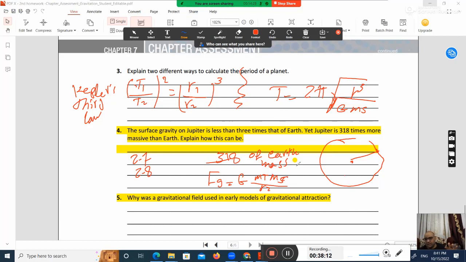If it increases 10 times, it becomes 1/100 of its value. So the relation is not with the radius itself, it is with the square of the radius. So you square the change and that makes the difference.